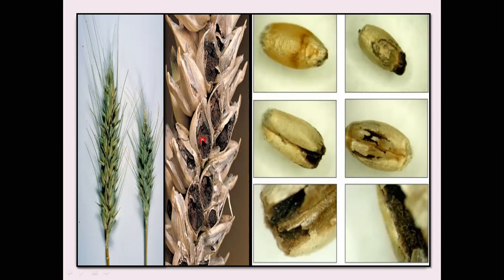These developing grains are partially or completely converted into black powdery mass. In this case only a few portions or a small surface of the seeds is converted into black powdery mass, but in this case near about 70 to 80% of the seed is transformed into smut powdery mass.